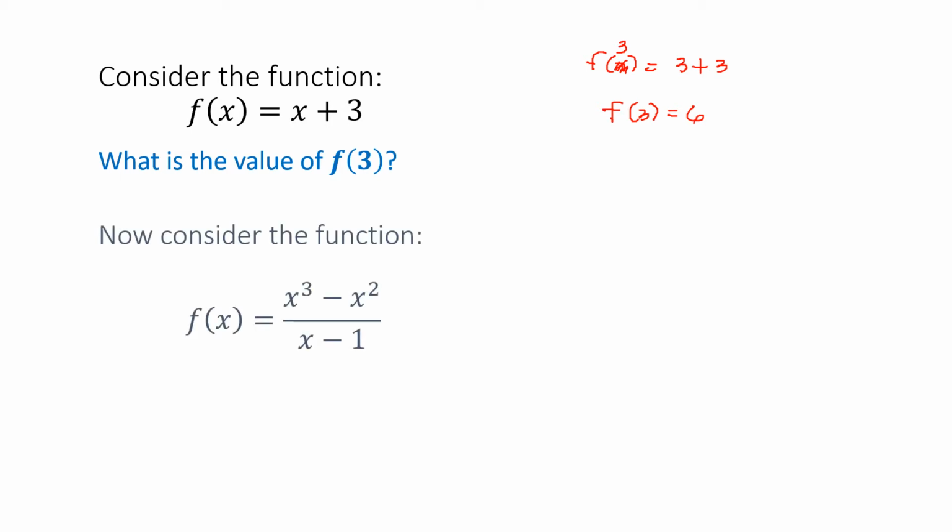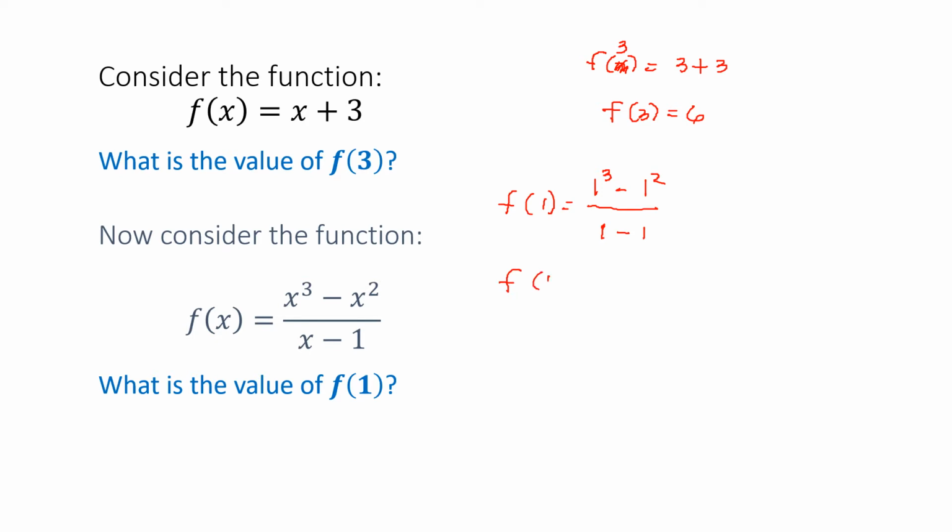Now let's consider the function f of x is equal to x cubed minus x squared all over x minus 1. Now, what is the value of f of 1? So again, we evaluate and we say f of 1 is equal to 1 cubed minus 1 squared all over 1 minus 1. Now this becomes f of 1 is equal to 0 over 0.